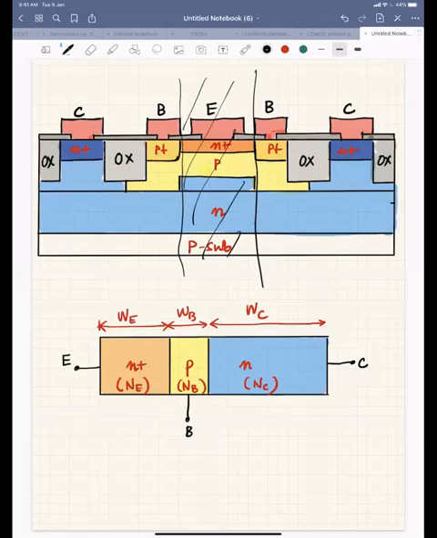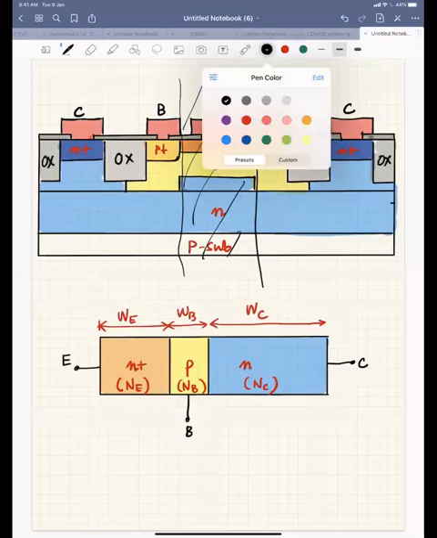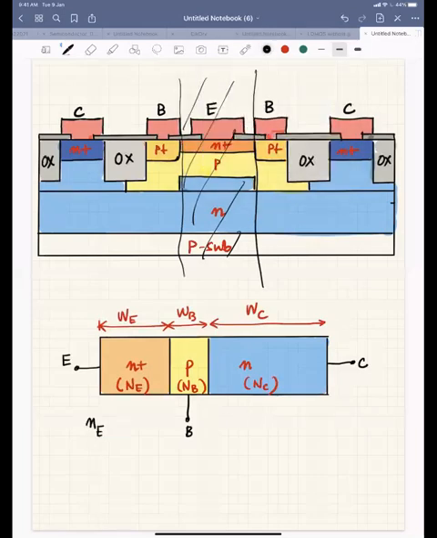So this is an NPN transistor. My emitter region is doped with, let's say, Ne. So the electron concentration in the emitter is Ne, and the hole concentration in the emitter is Ni square divided by Ne, right?